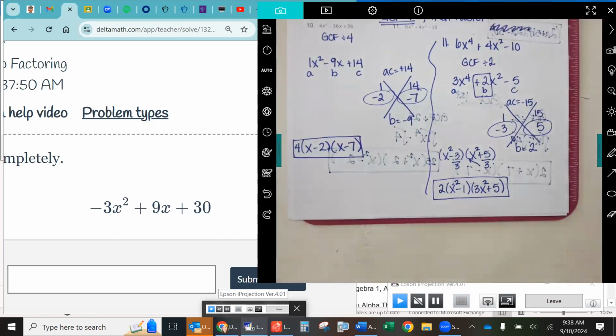Okay, so first thing I want you to do is write it down and then look for your GCF. Okay, go ahead and divide out your GCF and then set up your T-chart.